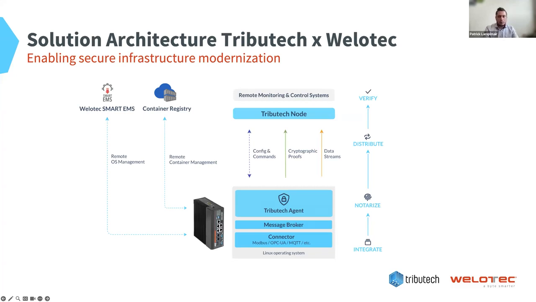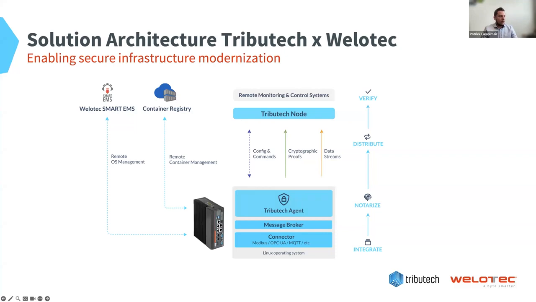You can also use it for integrating log data from security controls. And the agent then notarizes this integrated data, creates the cryptographic proof, which is stored in the security layer of the data notarization platform, also integrates the data itself and provides a communication channel for remote configuration and commands.